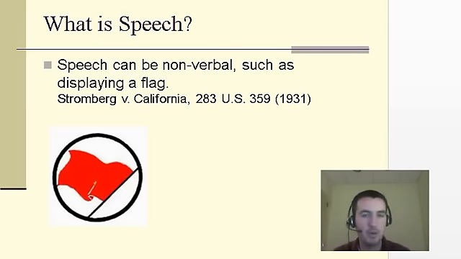If you wear a shirt that says that you support a certain political candidate, that's freedom of speech because you're showing your support on a shirt. Are you actually saying that, with words coming out of your mouth? No, but you're displaying it, so that can be freedom of speech as well. That's the other word, like we said earlier, for freedom of speech: freedom of expression. You're expressing your views not through actual words, but in other ways.